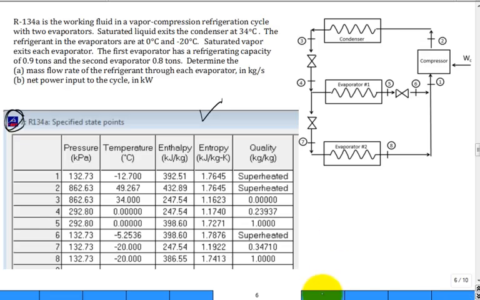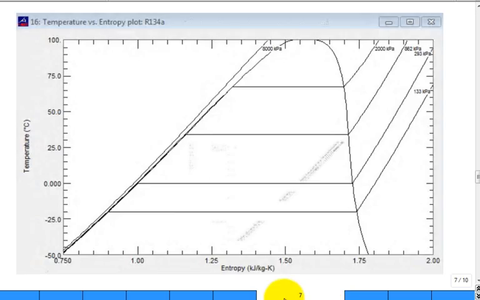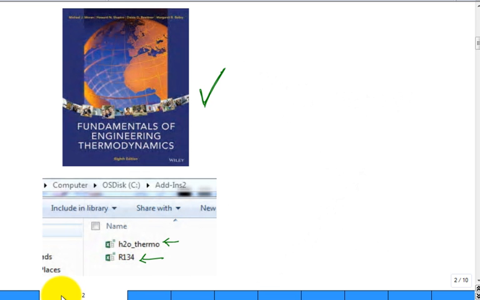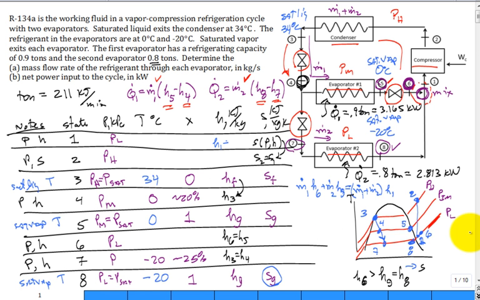And then what I would like you to do is sketch the temperature entropy diagram and put on the states. I think I already did that, didn't I? Yeah, I did that. Basically, you can come back here to our little illustration where I put all the states.